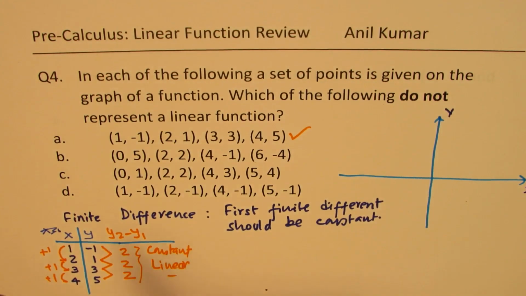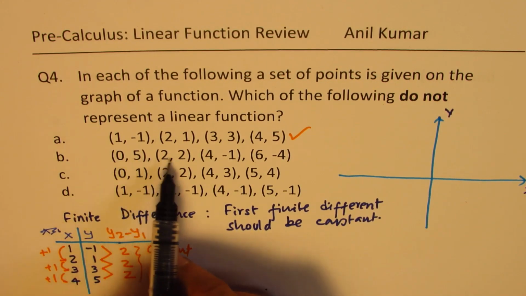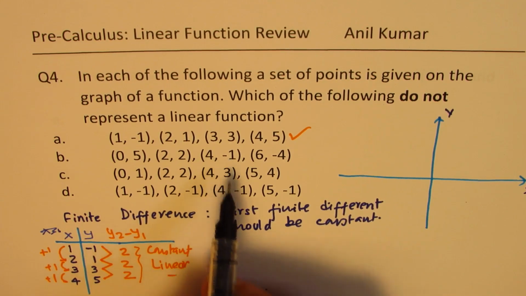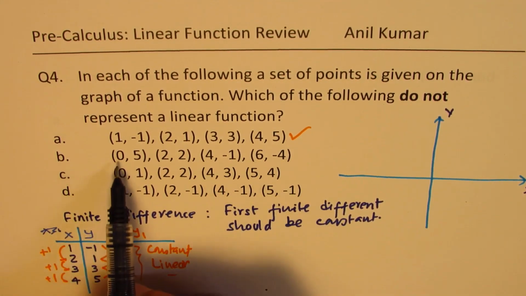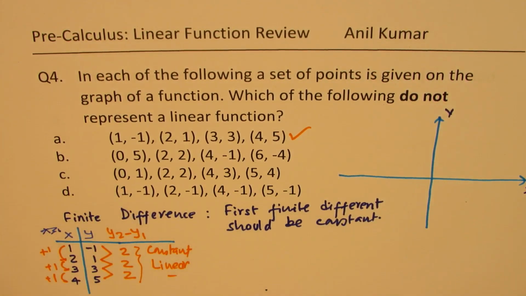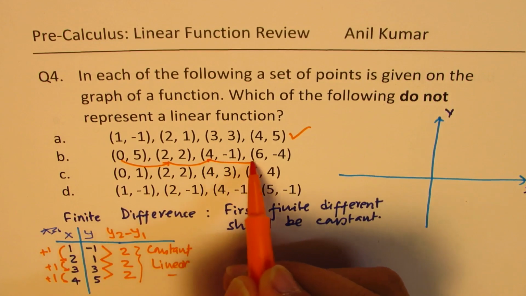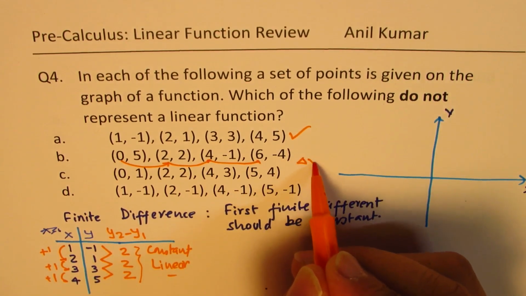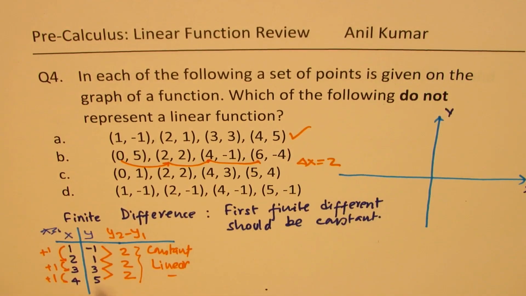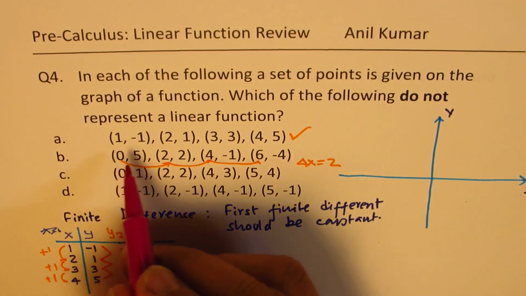Now, second method. Let's do the second one, where we have 0, 5, 2, 2, 4, minus 1, 6, and 4. Here we are increasing x by 2, so delta x equals 2. Now let's see the value by which we are increasing y.